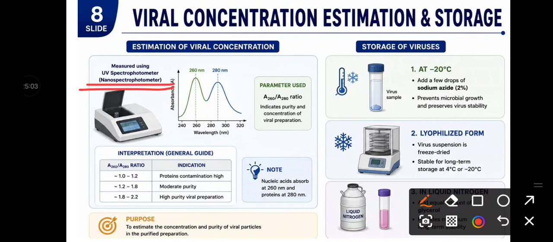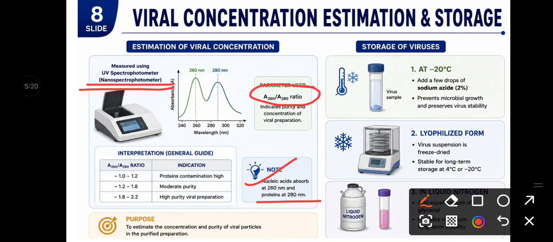In that video, I have already told that the nucleic acid absorbs UV light at 260 nm, whereas protein absorbs it at 280 nm, and this absorbance ratio will indicate the virus purity.